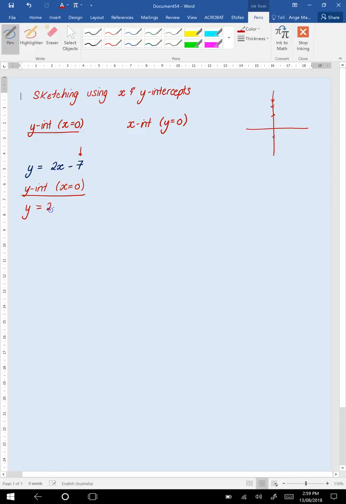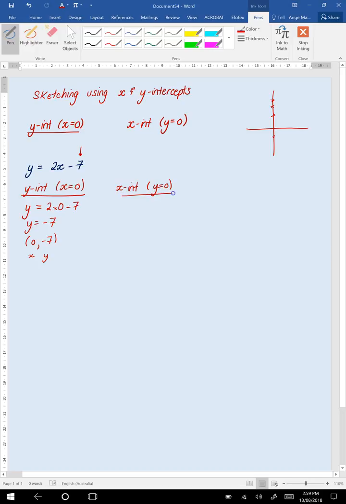So it becomes 2 times 0, take 7, and 2 times 0 is 0, 0 takes 7, so we end up with y equals -7. This gives me the y-intercept, which is a coordinate of (0, -7), because that's my x value, that's my y value.